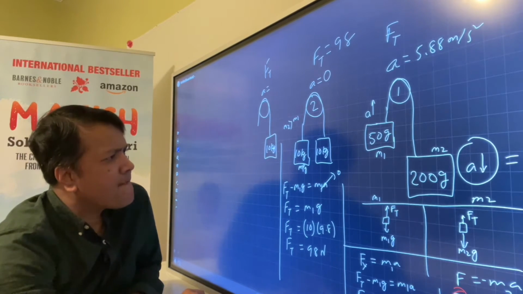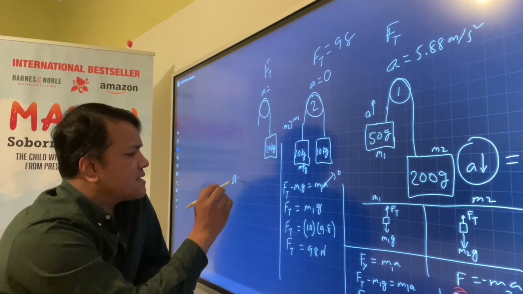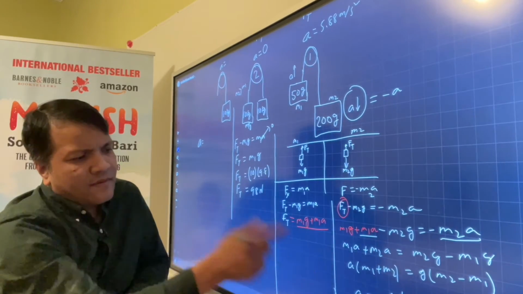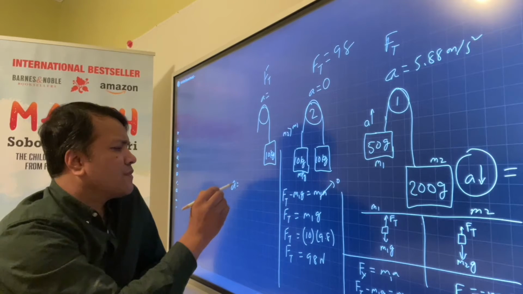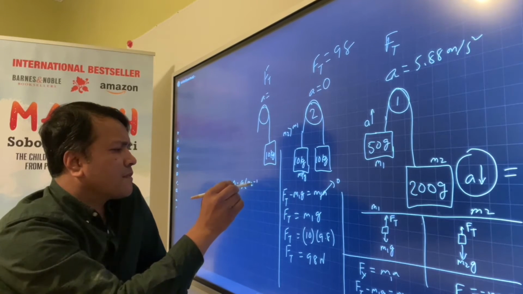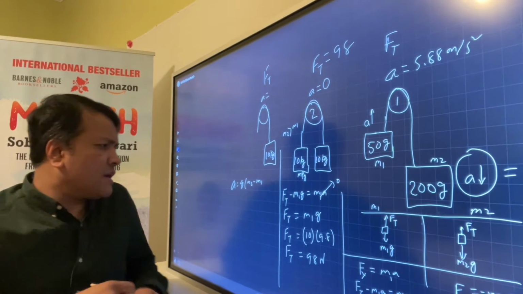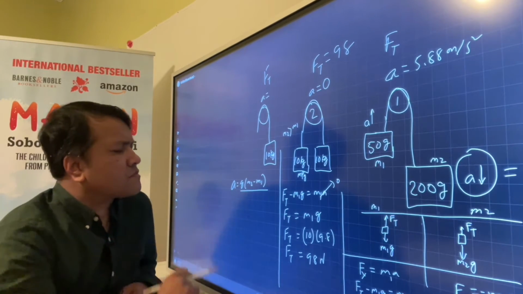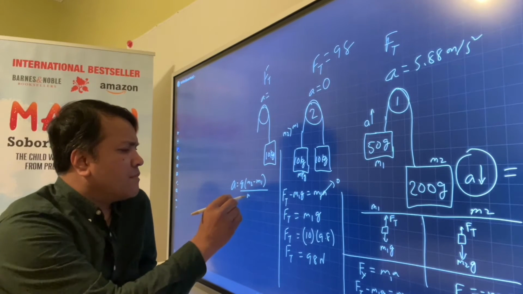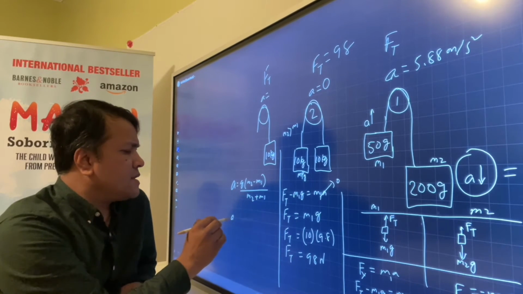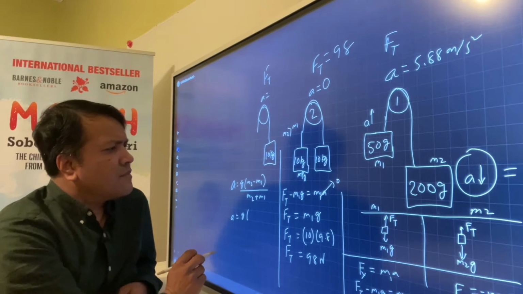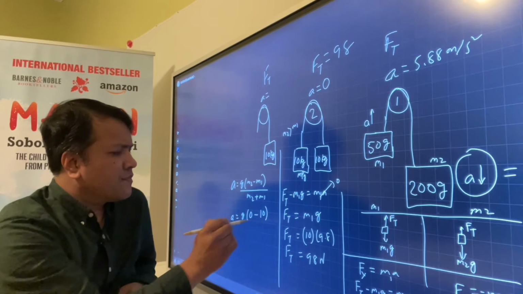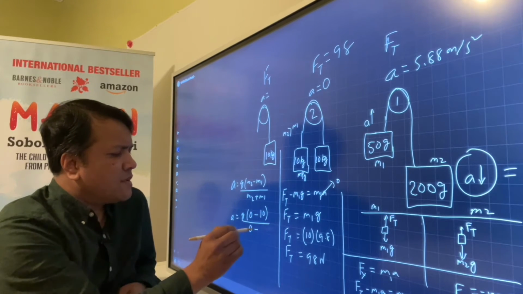All right, now let's check this one. So we have the equation over here. A is g times m2 minus m1 over m2 plus m1. So A is g, m2 is 0, m1 is 10, m2 is 0 plus m1 is 10.